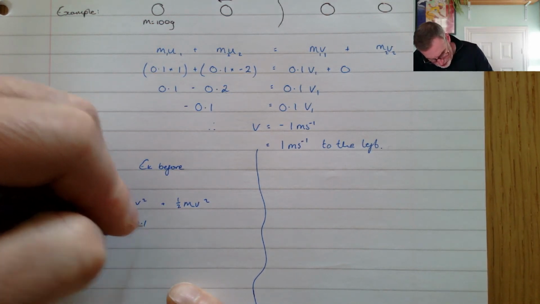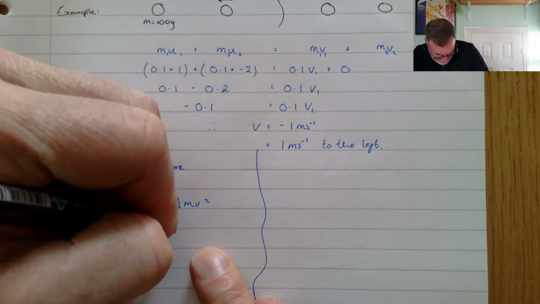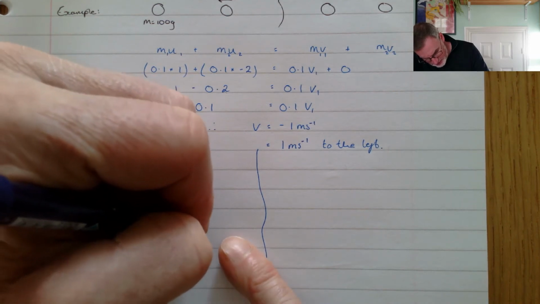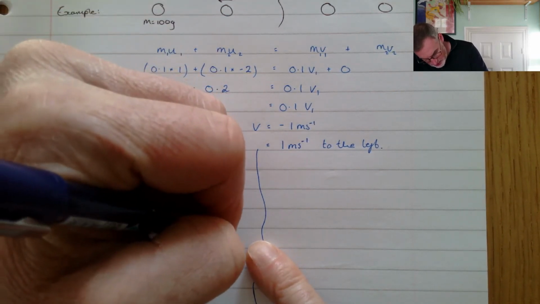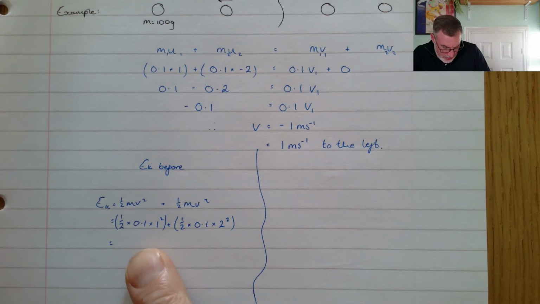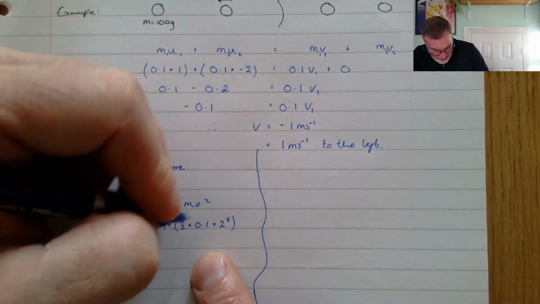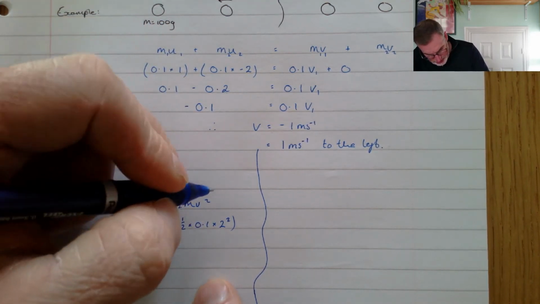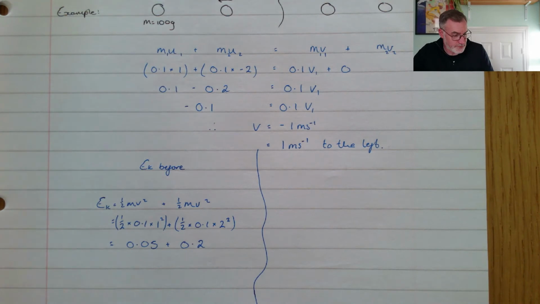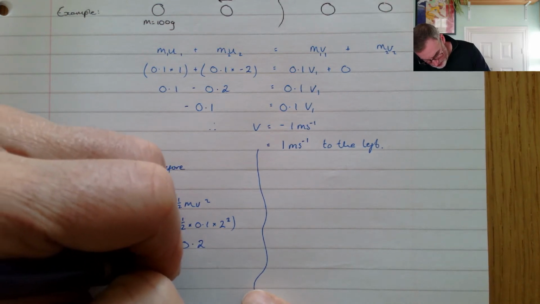Half times 0.1 times 1 squared plus a half times 0.1 times 2 squared. And that's going to give me 0.05 plus 0.2. So my total energy before is going to be 0.25 joules.